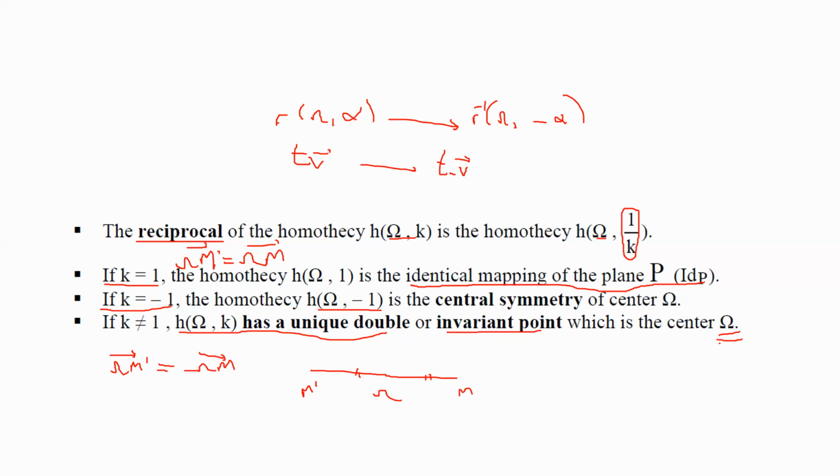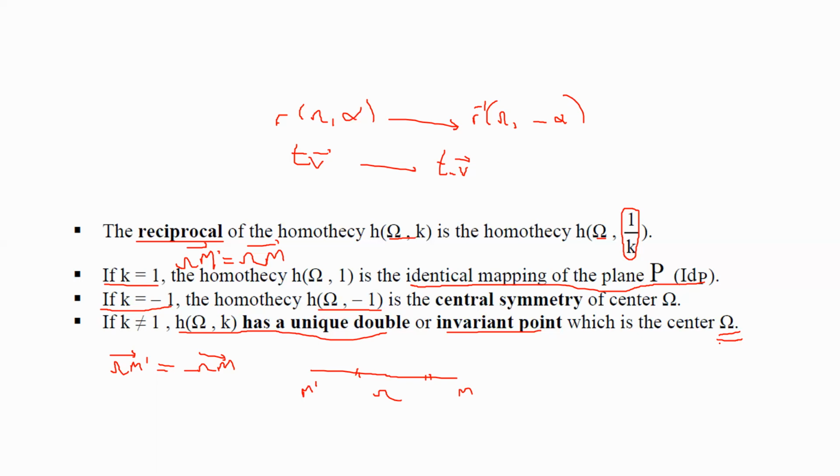If k equals 1, every point is its own image, so m prime and m are the same point, and we don't study this case. If k equals minus 1, we call it central symmetry. Do we understand why? I want you to understand, not memorize.